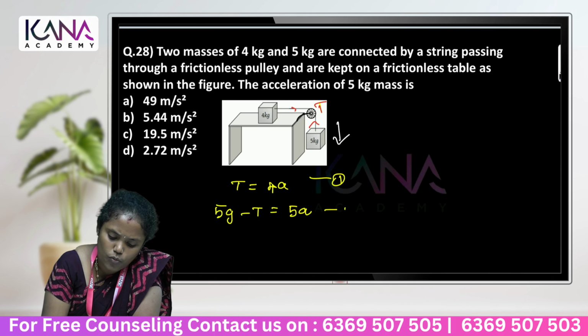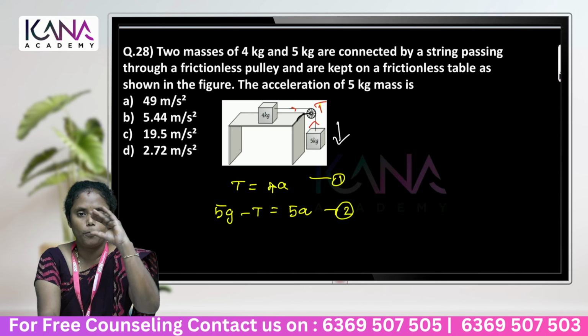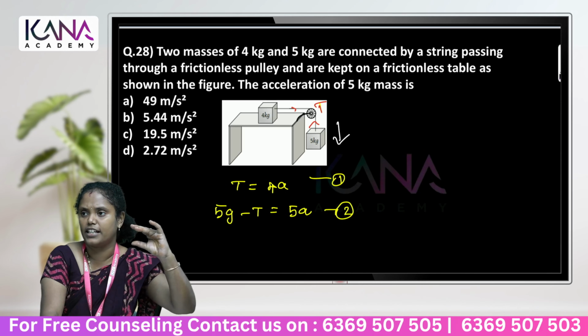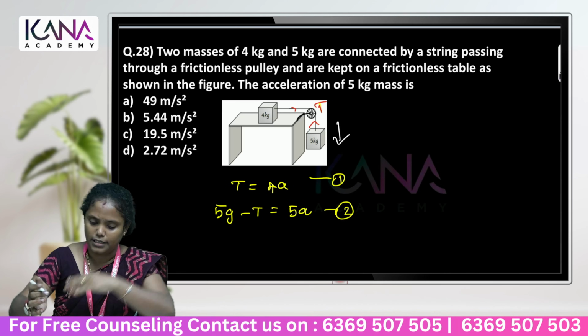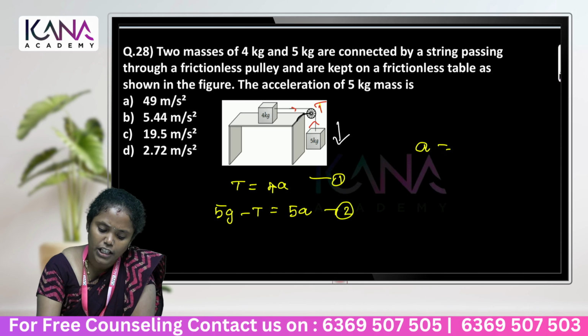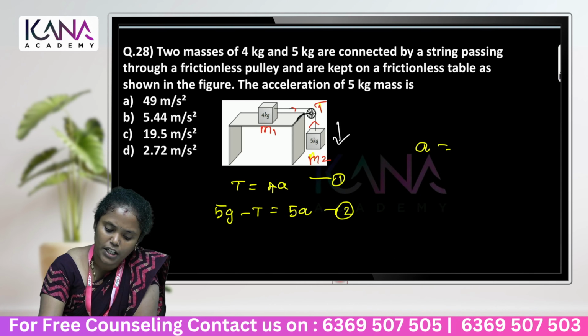Equation 1 and equation 2. இல்ல மேம் நான் ஷார்ட்கட் வந்து ஞாபகம் வச்சிருக்கேன். இப்போ ஒரு ஆப்ஜெக்ட் ஹரிசாண்டல் சர்ஃபேஸ்ல இருக்கு, இன்னொரு ஆப்ஜெக்ட் இஸ் வெர்டிகலி சஸ்பெண்ட். இந்த கேஸ்ல ஆக்சலரேஷன்: consider this to be M2 and this to be M1. M2 is greater than M1.